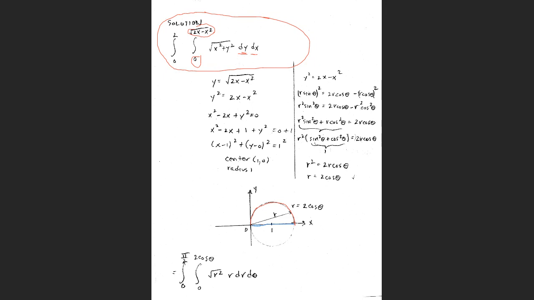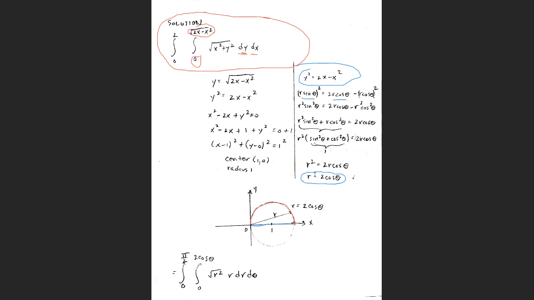But we're going to convert our limits from Cartesian coordinates to polar coordinates. That means I have to convert the semicircle into a polar equation. Where I have y, I write r times the sine of theta. Where I have x, I write r times the cosine of theta.